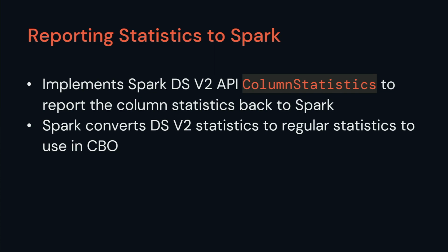On the Spark side, when Spark sees this data source V2 statistics, it will convert the DSV2 statistics into regular statistics. And then Spark will use all these statistics to compute the cost of the physical plan. And then it will pick the most optimal plan to use.